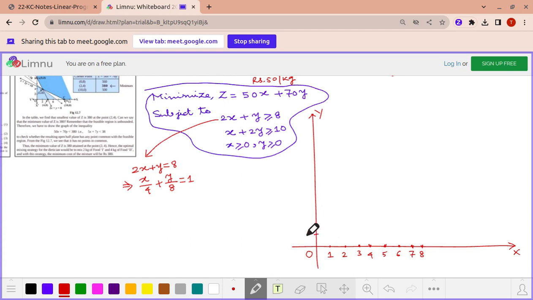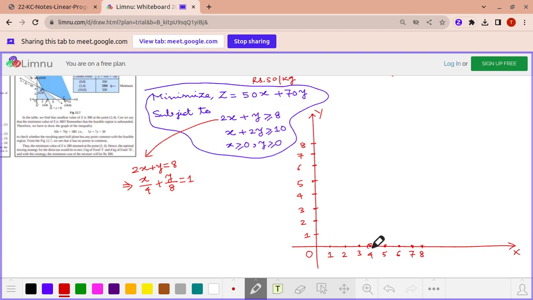Here 1, 2, 3, 4, 5, 6, 7, 8, like this. The first one is x by 4 plus y by 8 equal to 1.